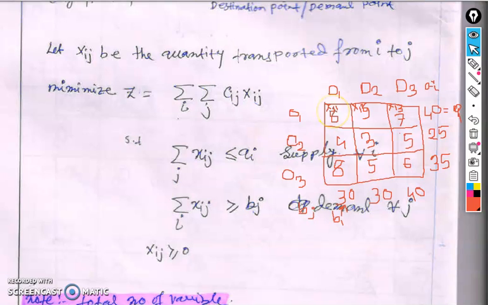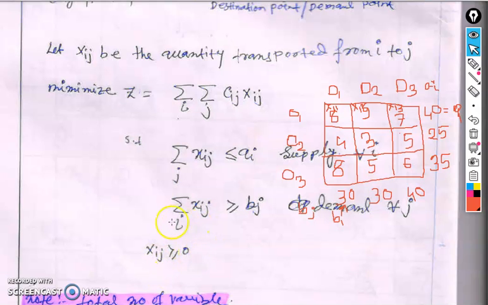Here the value varies with the position of rows, so we take the summation over i of xij, which is greater than or equal to bj. And you can easily recognize that xij should be greater than or equal to 0, because a company cannot supply a negative quantity from a destination point. So the value of xij should be either 0 or greater than 0.